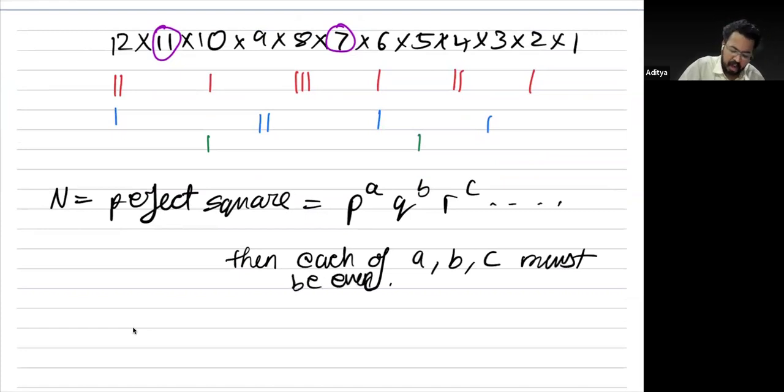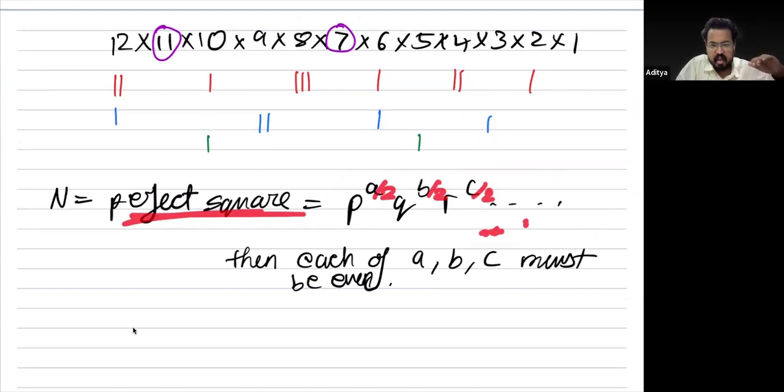Because if you take the square root of this number, that square root will become 1 by 2 on each of these powers. And if it's a perfect square, its square root will be an integer. So to have an integer, you will need the powers halved to become integers. So we require each of a, b, c to be even.